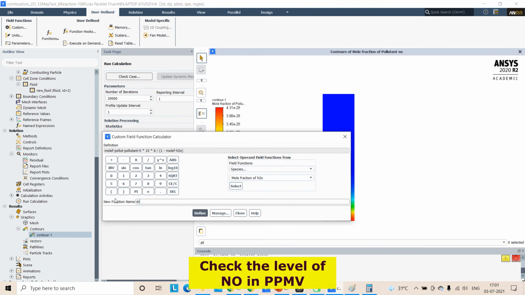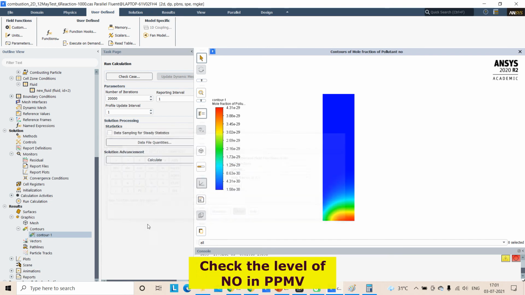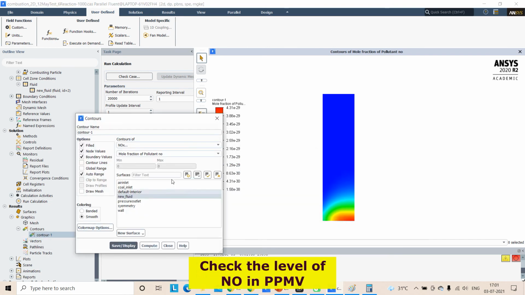We can select here the dry ppm volume of the NO. That way we can also define the dry nitrogen oxide. Then here we can also click control custom. Then we can also select the default value.